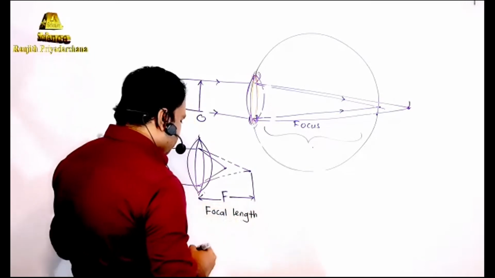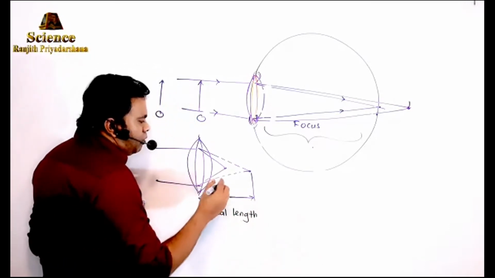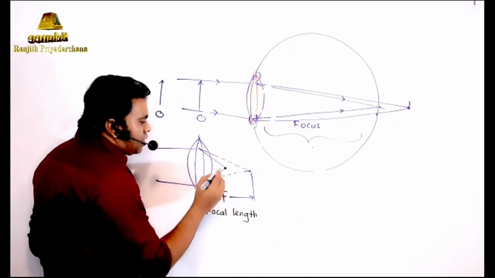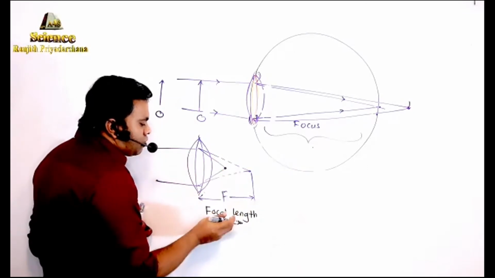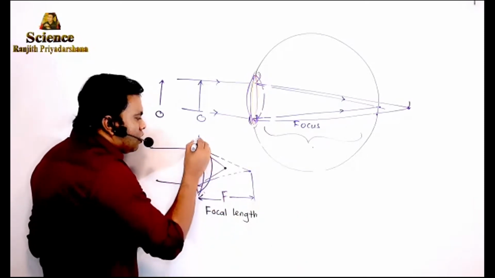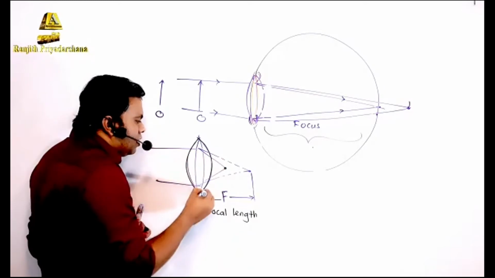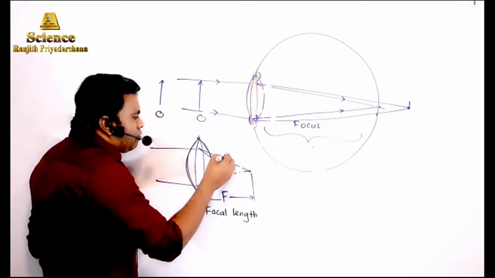Focal length. Okay. If you want to minimize the focal length, what do you have to do? Focal length එක අඩු කරන්න lens එකේ curvature එක මොකද වෙන්නේ පුතා? වැඩි කරන්න වෙනවා. Then what happens to the focal length?